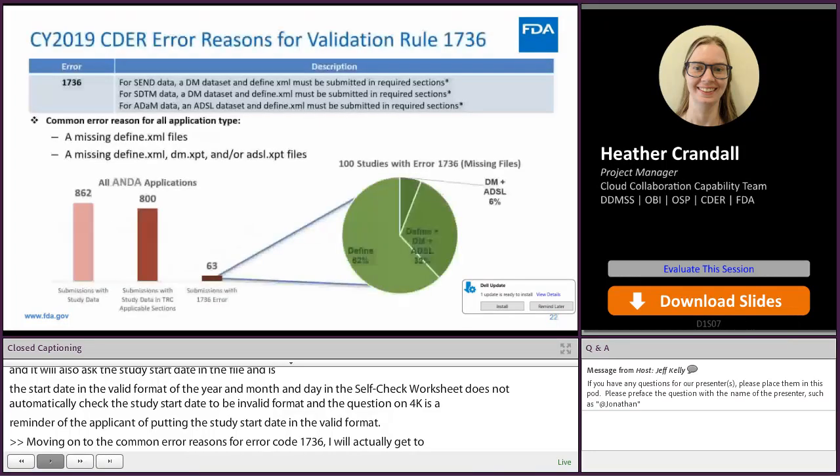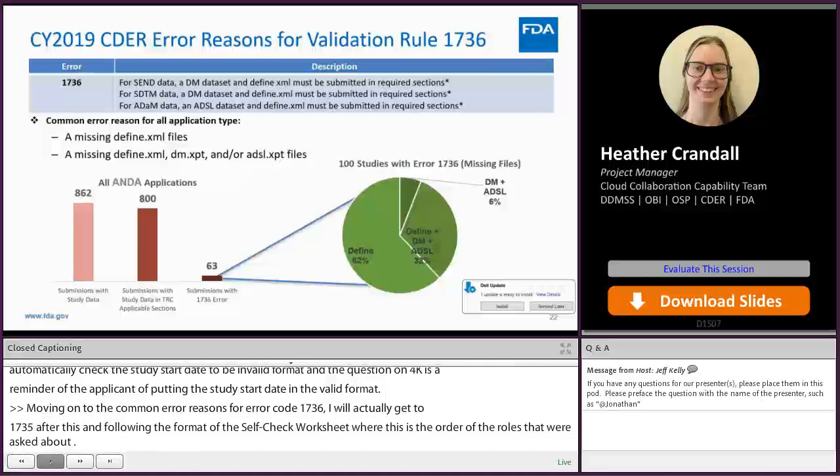So 1736 is looking for particular standardized files to be submitted into standardized data sets, depending on which type of data set is being submitted.